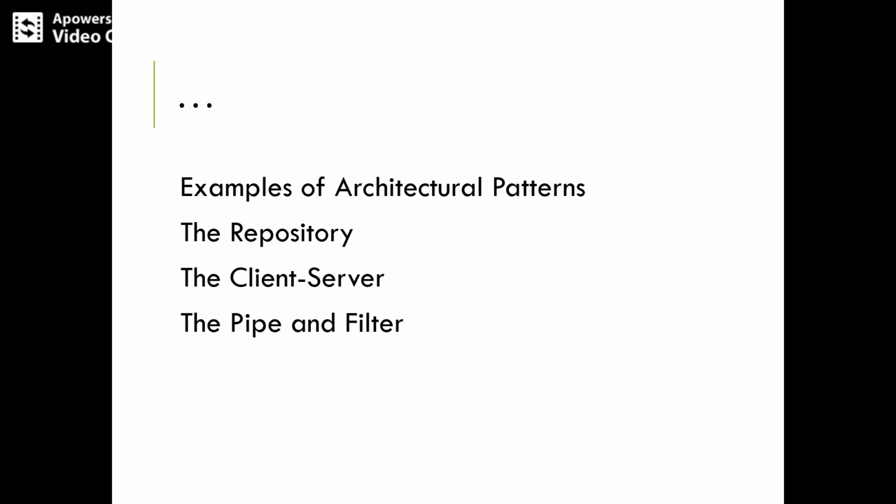The last one is pipe and filters. In this case, the subsystems process the data, and the pipes interconnect the filters. The filters are completely mutually independent and are aware only of the input data that comes through the pipes.